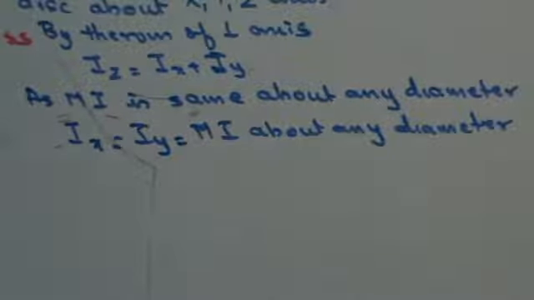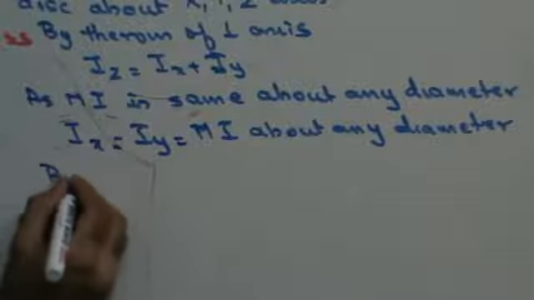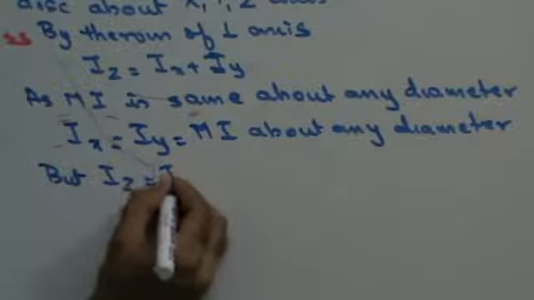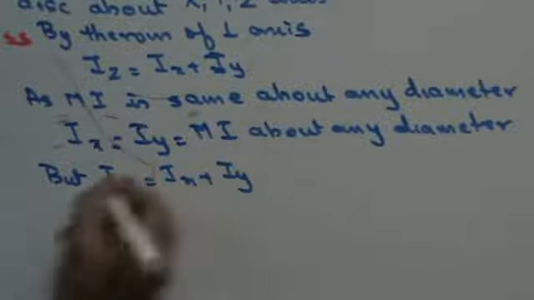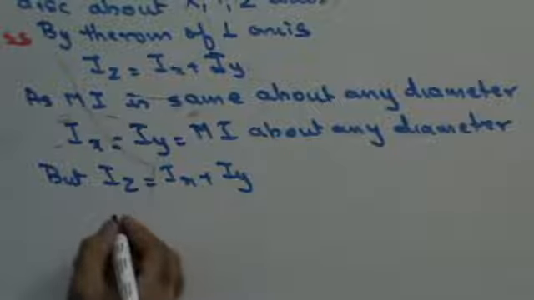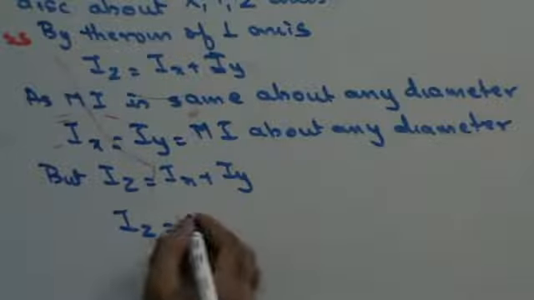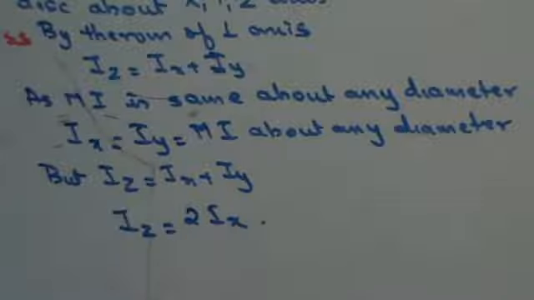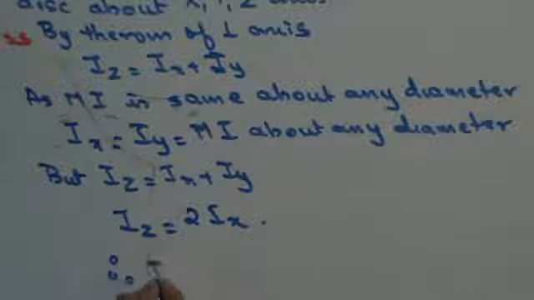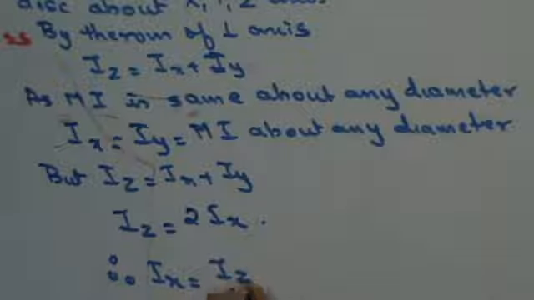Now Iz is Ix plus Iy, and substituting Iy as Ix, I get 2Ix. Therefore Ix is Iz upon 2.